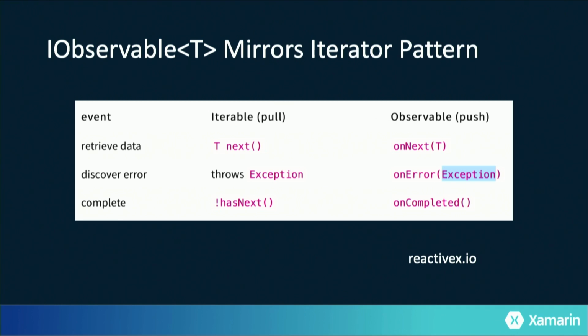For example, a web request: if a web request is occurring and it throws an exception because the internet goes down or something similar, then you can effectively catch that and deal with that within that construct. So it makes your code a lot more robust. And then you also get this idea of completion, where if somebody has indicated that they no longer care about the data points, you can then act upon that. All of those things become features of how you interact with your data.